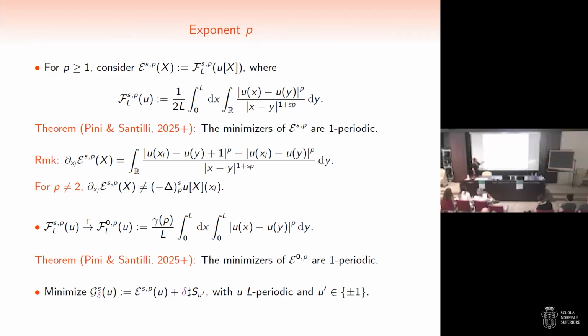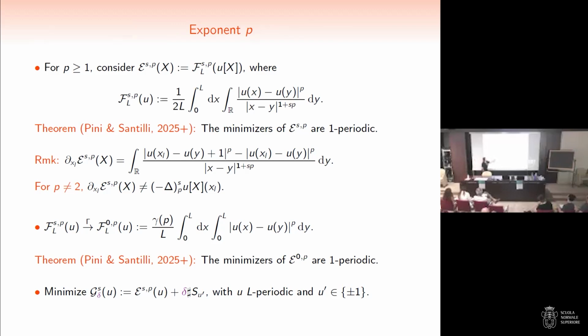The first variation of the energy for generic p can be written in this way, but this is not the p-fractional Laplacian. The fact that for p equal to 2 one ends up with the fractional Laplacian is actually by chance, because when p is equal to 2, here I have the difference of two squares, that is the sum times the difference, and the difference is equal to 1. This happens only for p equal to 2.